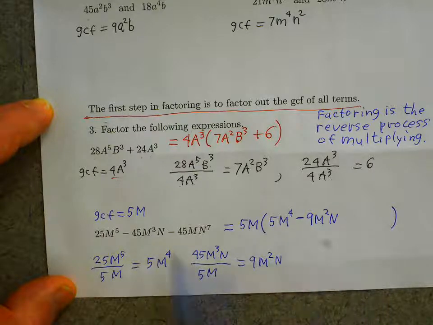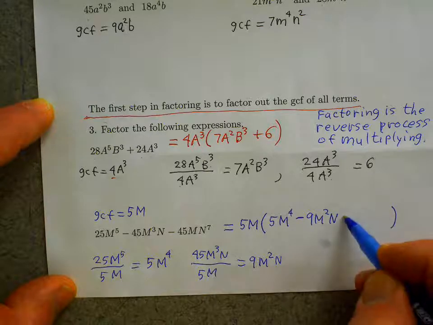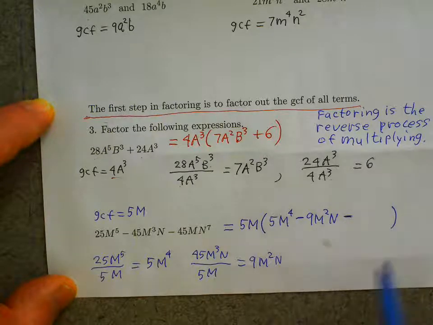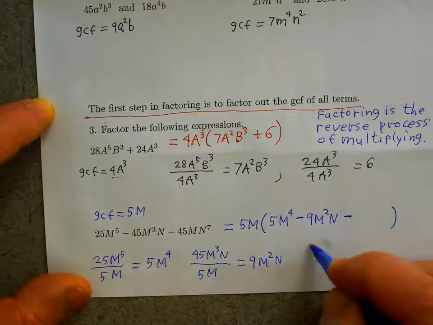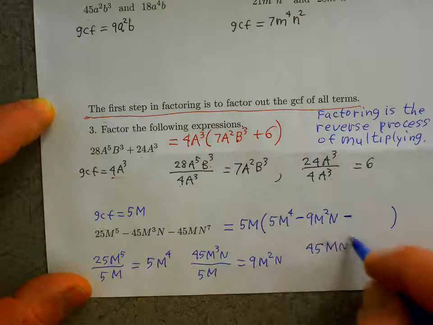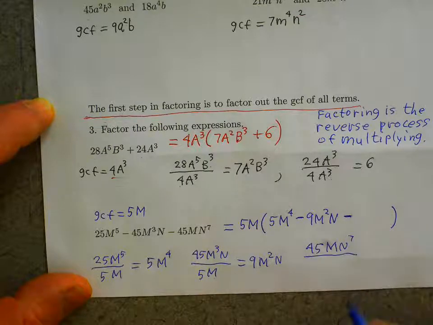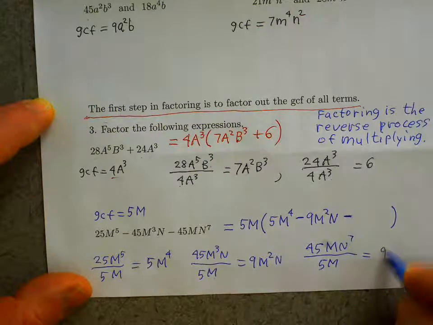Okay, then finally, to find the third term inside the parentheses, we're going to subtract what we get when we divide 45m n to the seventh by the greatest common factor of 5m. 45 divided by 5 is 9.